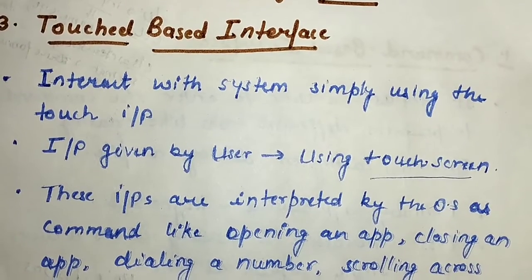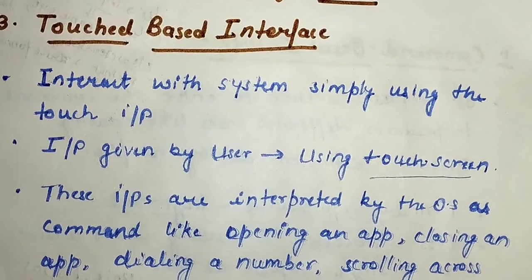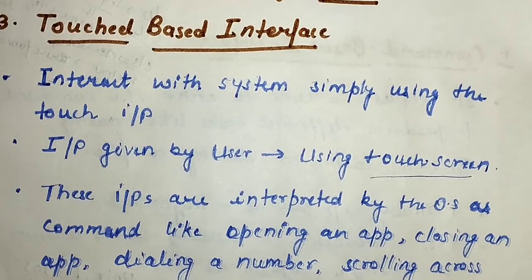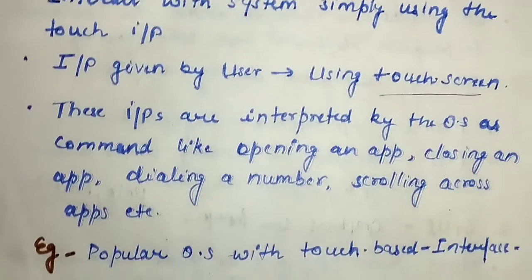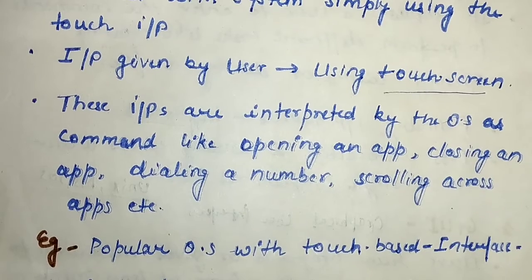So another interface is touch based interface. A user can interact with the system simply using the touch input. So using touch screen, input can be given by the user. These inputs are interpreted by the operating system as a command, such as opening an application, closing an application, dialing a number, scrolling across the applications.